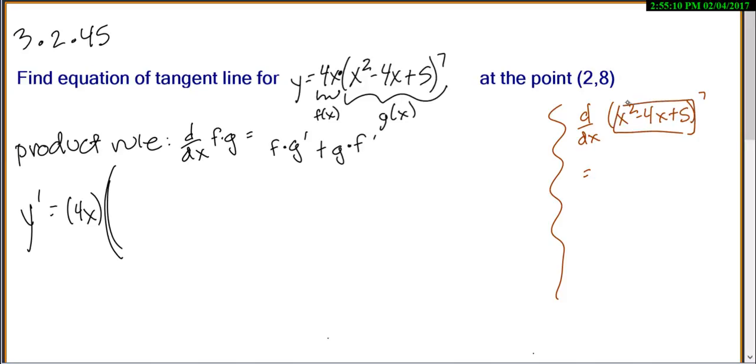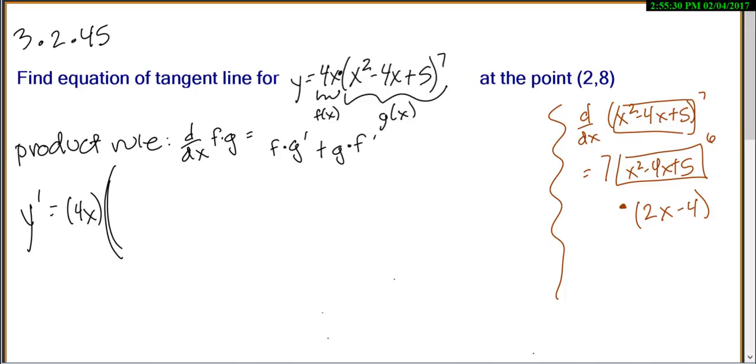I put my box around the stuff on the inside, so it'll be 7, keep everything in the box the same, raised to the power 6, times the derivative of what's inside the box, which is 2x minus 4.